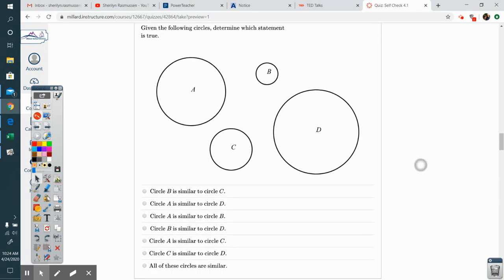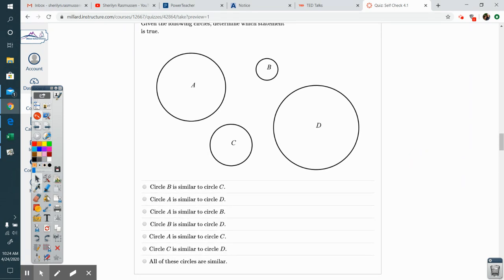Okay, determine which statement is true for all these. And as we go through this, every circle is similar to itself. Not just itself, but to others. So this is correct, this is correct, and so on. Actually, for the problem, since it says all of these circles are similar, then you'd click on this one, not all of these.